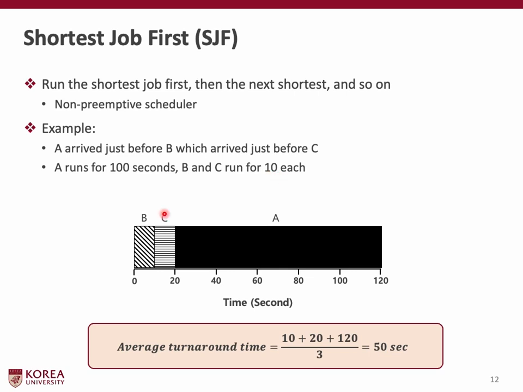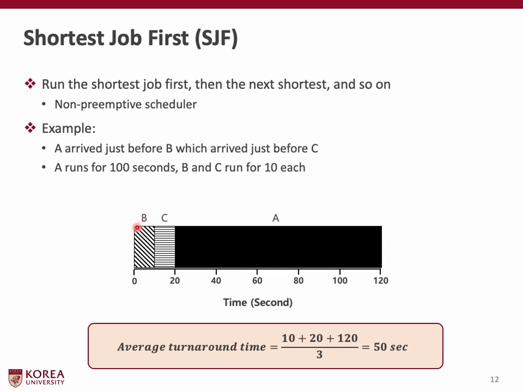With SJF, the scheduler runs B and C first, and then A, because B and C have a shorter runtime than job A. And when 2 jobs have the same runtime, like B and C, SJF breaks the tie using arrival order. So B will be scheduled first in this example.